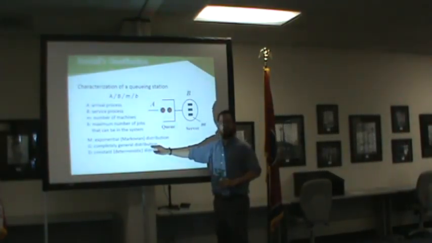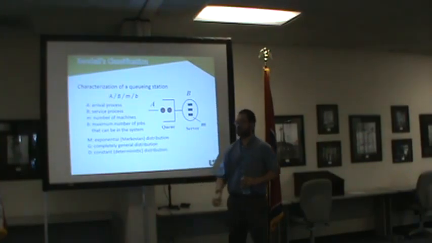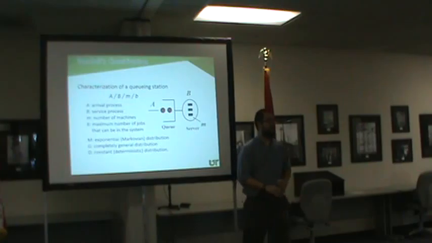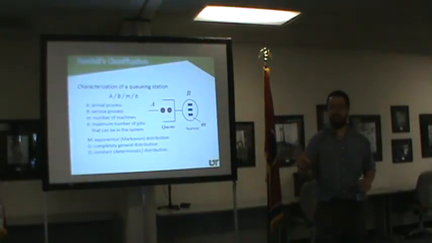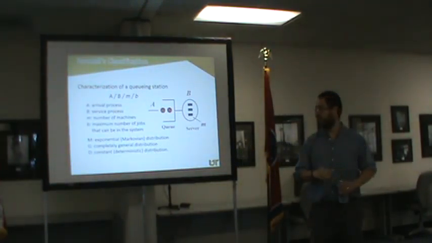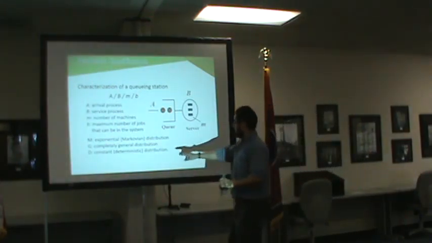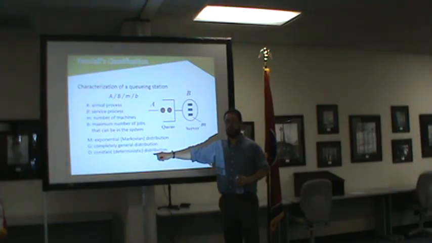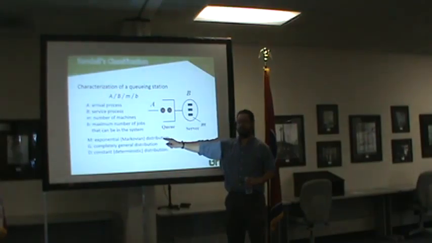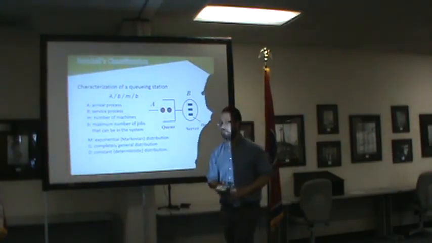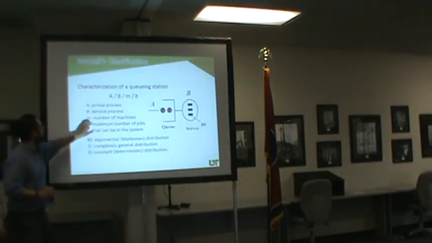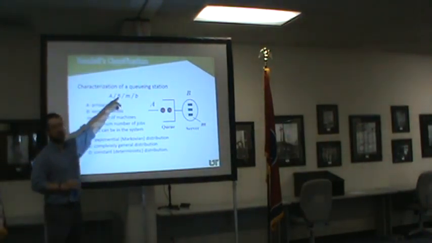Then we have characteristic of G, which is completely general distribution, right? Or deterministic. There can be deterministic distribution in many cases. This is very easy to model, but is more unlikely to happen in real life. So the most widely used parameter is Markovian, or exponential distribution. Okay? So we're going to use any of these three for here and here.